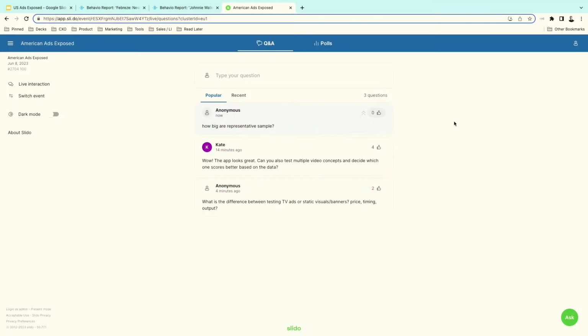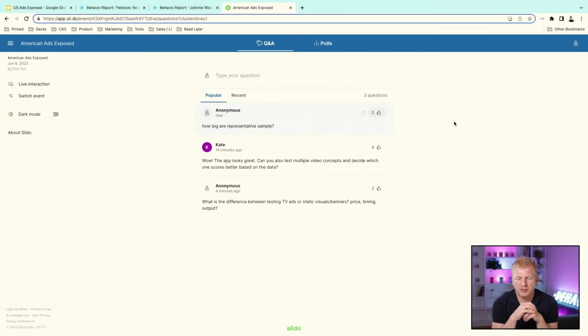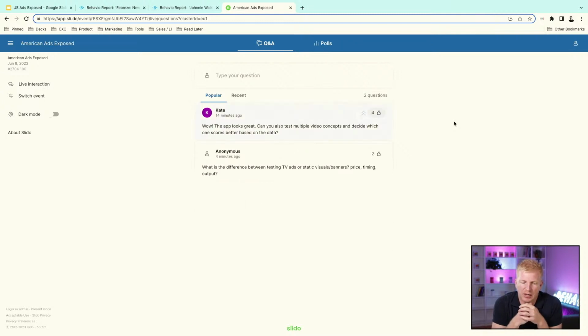So usually what we do is have a representative sample, and then you can filter it on the actual people who are buying the category. So that's it. How big are representative samples? For pre-tests, it's 500, and when we do post-tests, which was this case, usually when we were measuring the brand lifts, this is 1,000 plus.